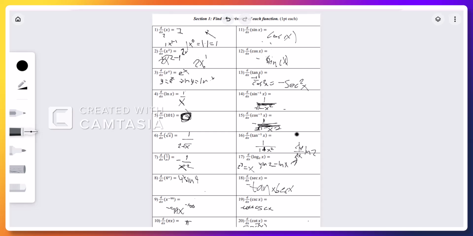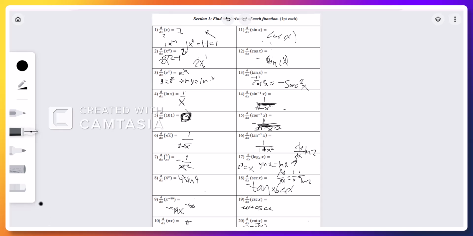The right side, however, we're going to have dy over dx equal 1 over x. Since dy over dx is being multiplied by natural log of 2, we're going to divide it by natural log of 2.